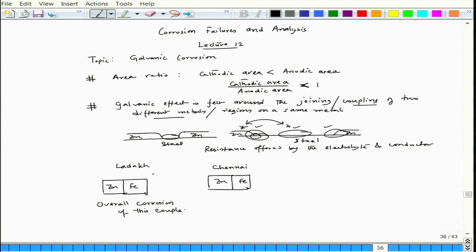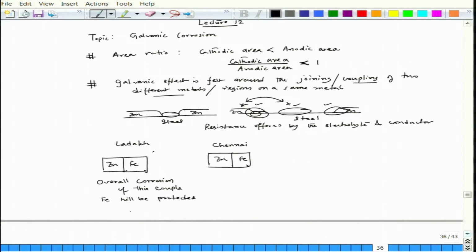Would be less. Now, in this case iron will be protected, and a situation like this, a sheet metal of steel where we have a thin zinc layer.